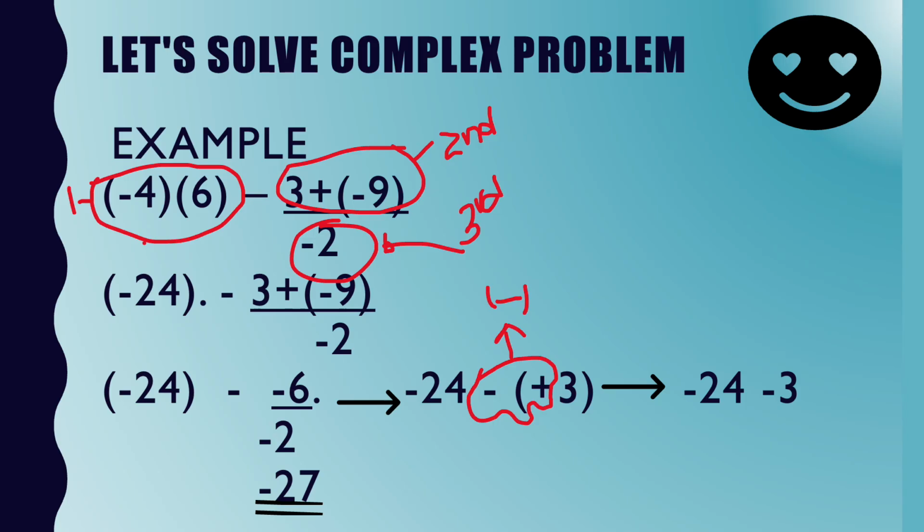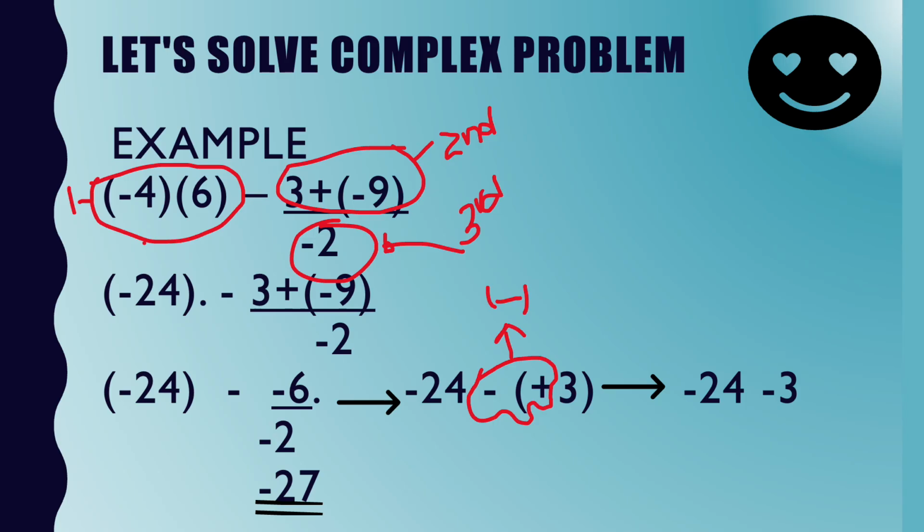What is the answer when you divide the same signs? The answer is easy, plus. There you go, it's a plus. Now we get this answer: minus 24 minus plus 3. Now I'm going to simplify these two signs into one sign.